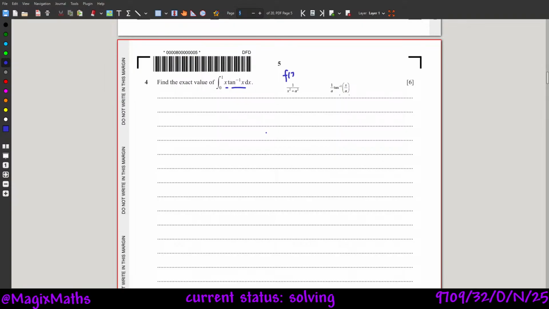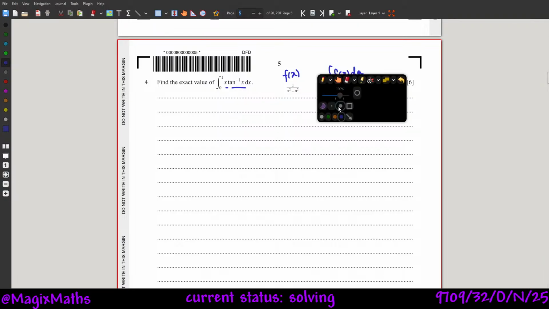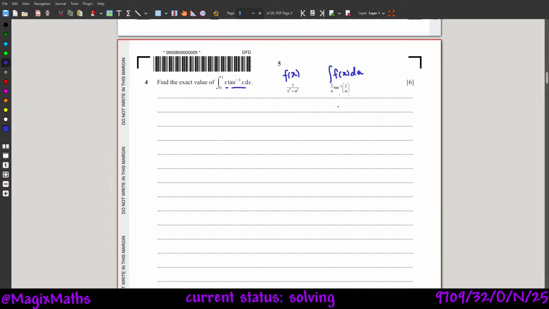So it says here, if this is our, yeah, if we integrate this, no, sorry, my bad. No, I don't think that's going to work.